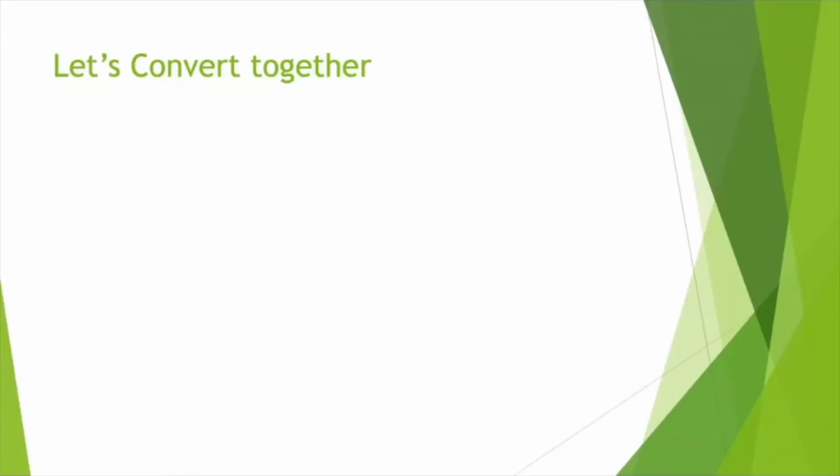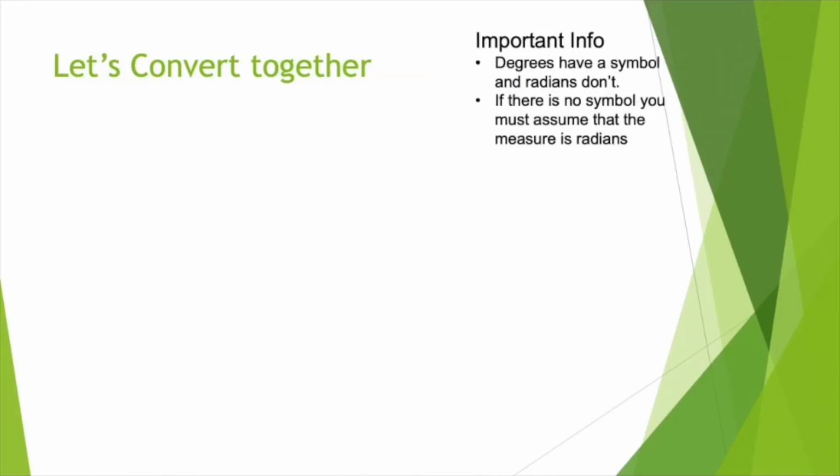Let's now convert some together. Some things that are important for you to remember is that degrees have a symbol and radians do not. If there is no symbol, you must assume that you're doing radian measure. And remember that our conversion factor is 180 degrees equals pi radians. So this has a symbol. It has the degree symbol above it, so we know it's degrees.